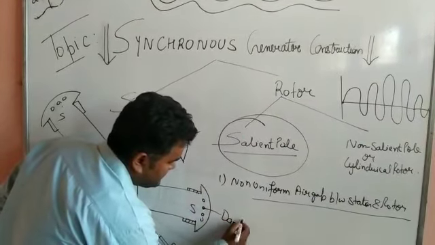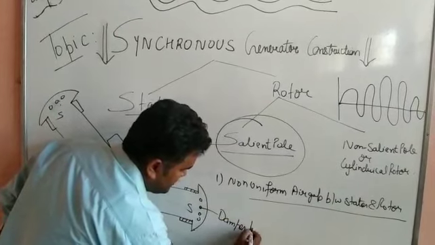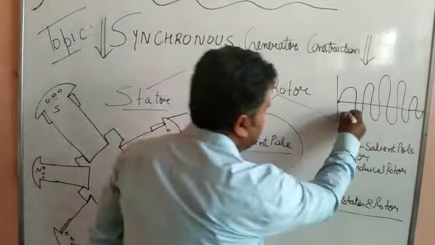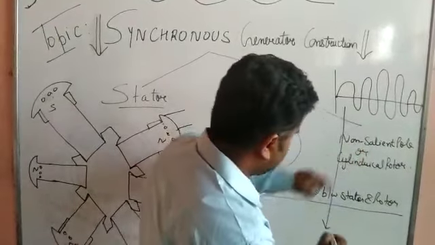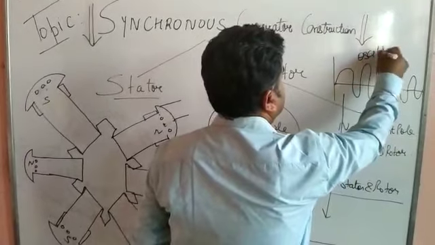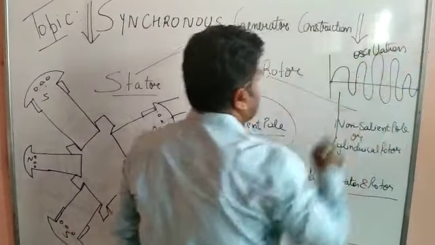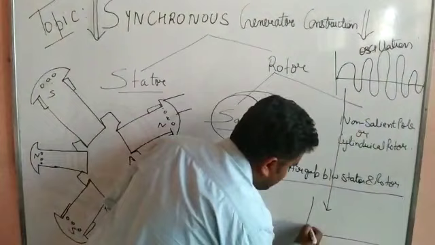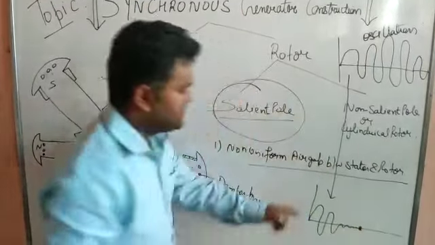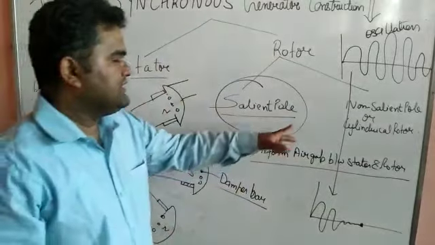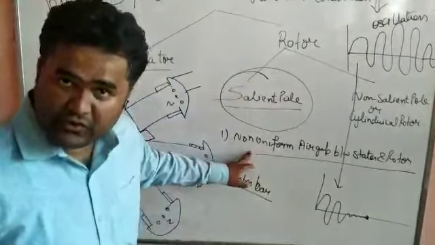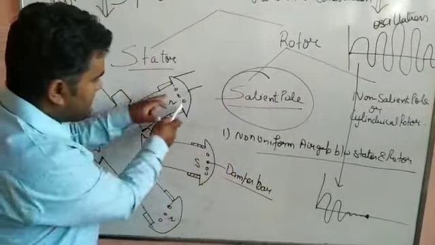These are damper bars to be inserted as a damper winding. Now this damper winding will help to reduce these oscillations. Now these oscillations can be damped, it means after some time they will become zero. These oscillations are produced because of the non-uniform air gap.